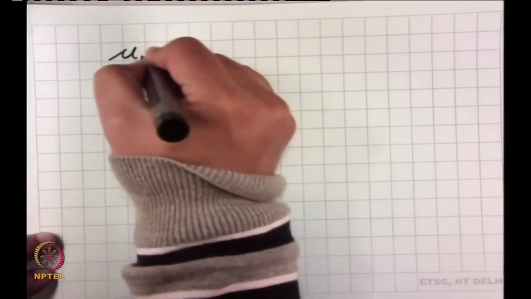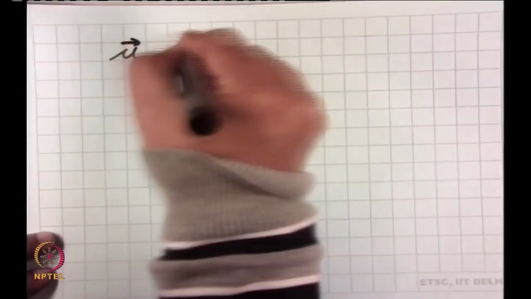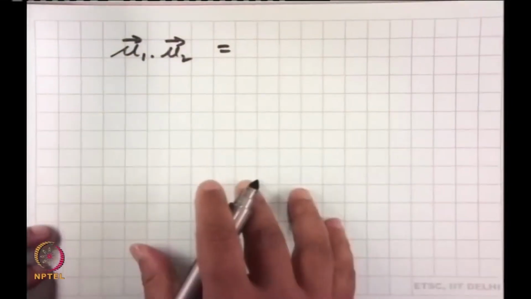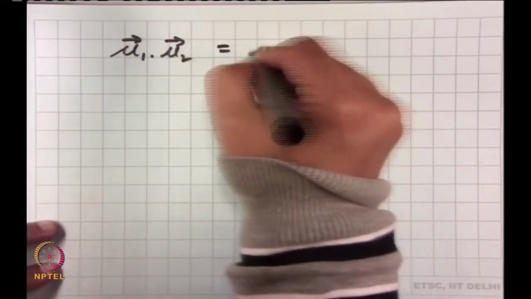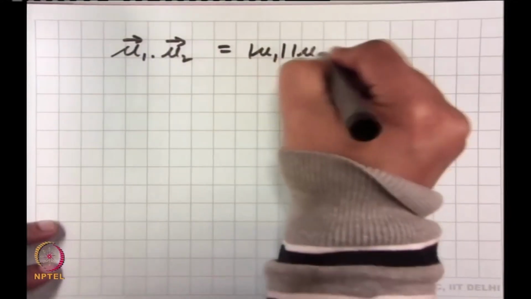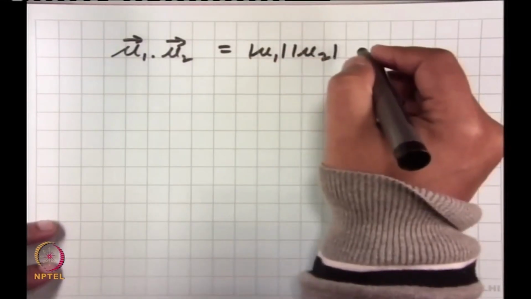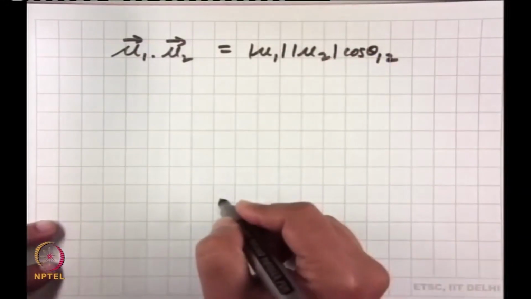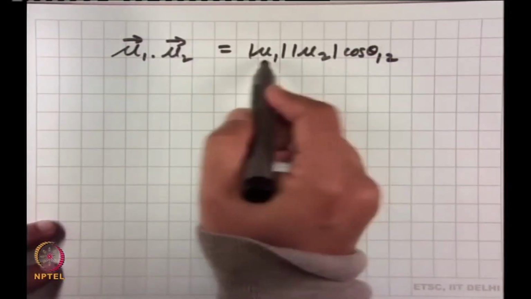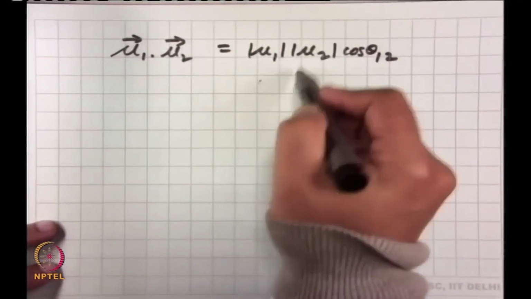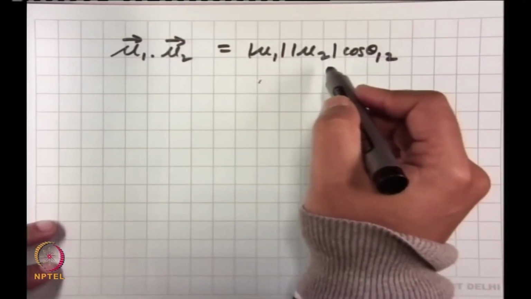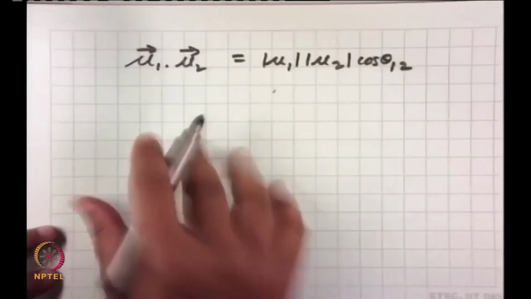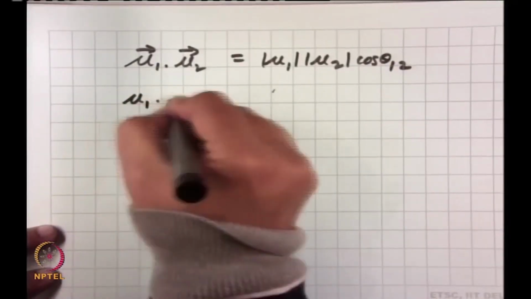Now, you know this definitely, that I can write mu 1 dot mu 2, now these are the vectors I am talking about, is equal to what? Mu 1, right, mu 2, then the angle between the two dipoles, right. So, I can write cosine of theta 1 2, that means there is an angle between the two dipoles, and remember this, when I am writing mu 1 and mu 2, these are the absolute magnitudes I am talking about. So, now these are scalar quantities. Similarly, if I write mu 1 dot r, what should I be writing?